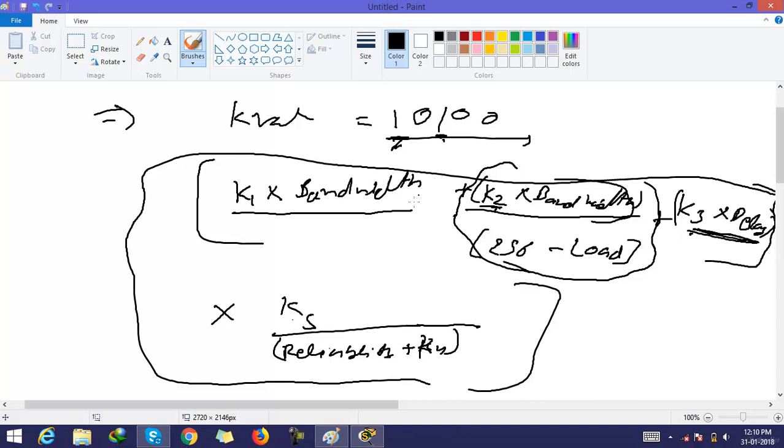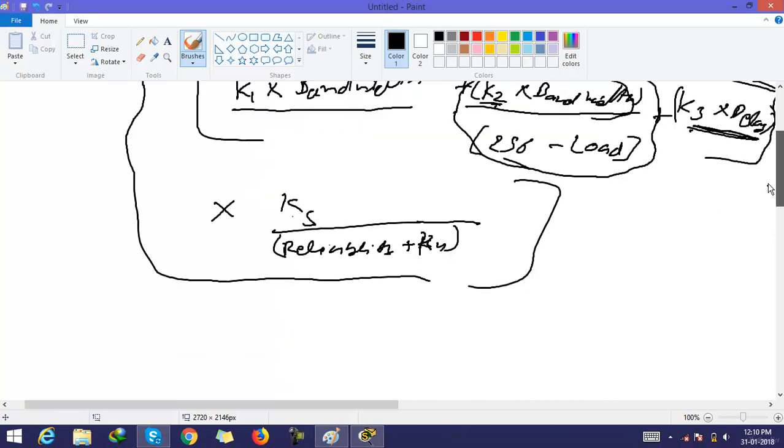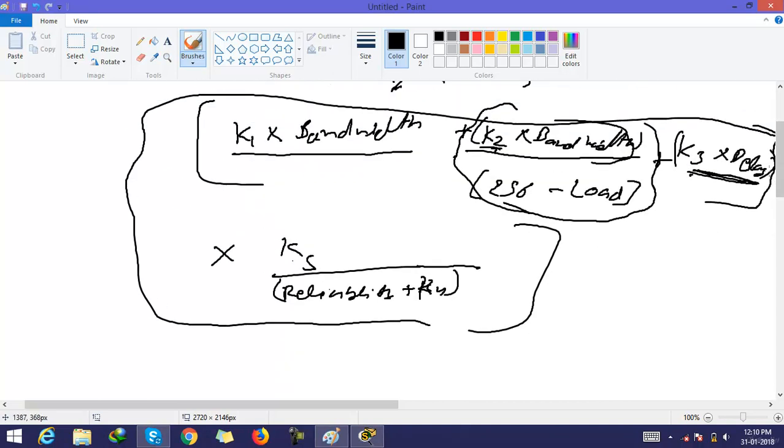Now in this formula, the delay equals the sum of all delays of the links along the path, and the bandwidth is the lowest bandwidth of the links along the path.